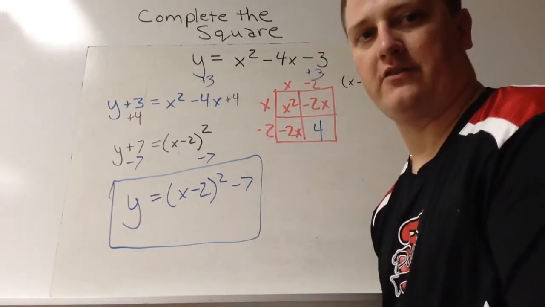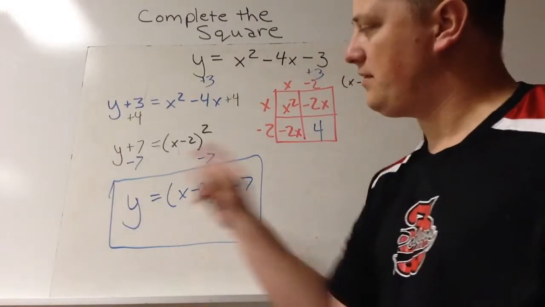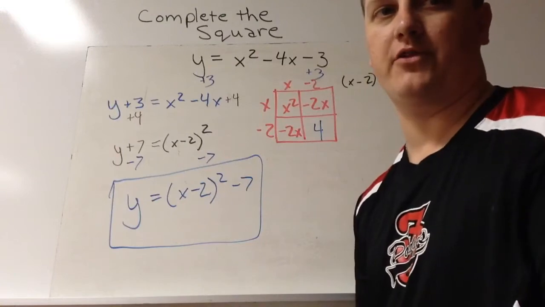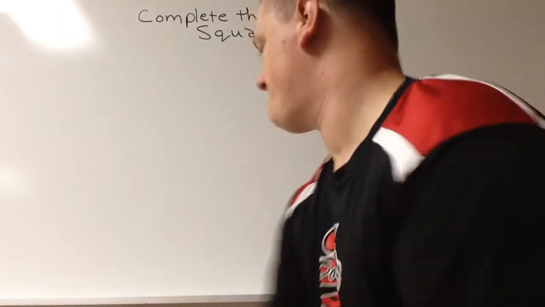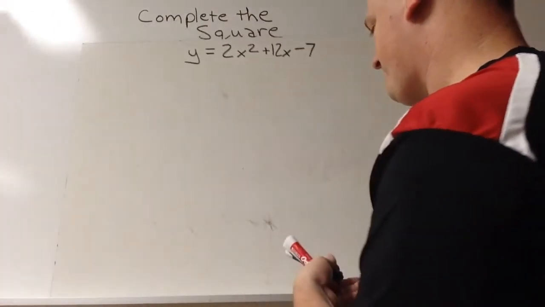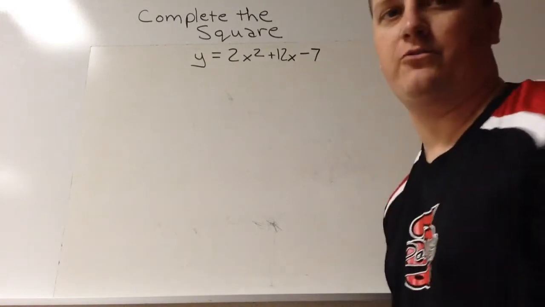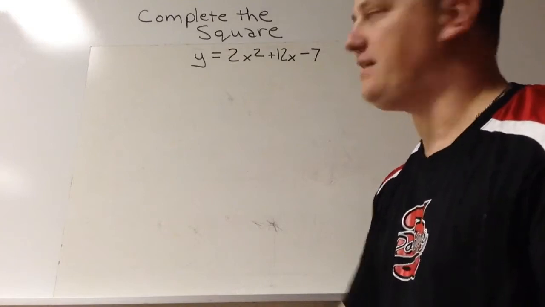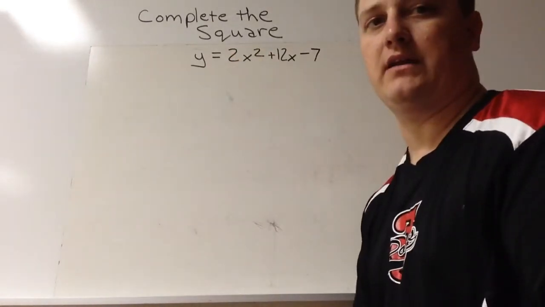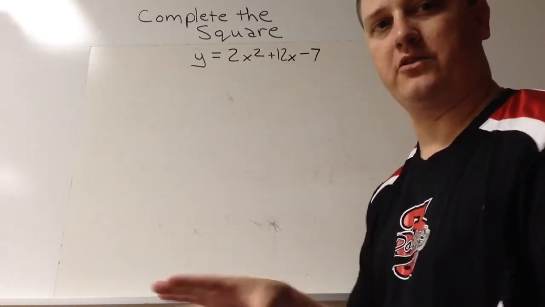Again, vertex form, we can identify the vertex, put 0 in for y, and we can solve for the roots. Our last one's a little tricky, so I wanted to show you it. I'm going to go through the same process, except because of the a value being a 2, it's going to be a little bit different, so please watch that.